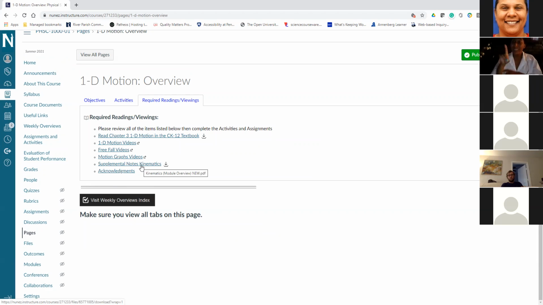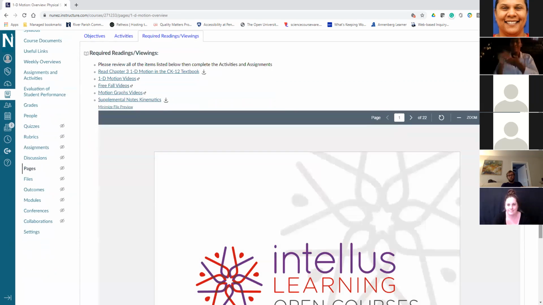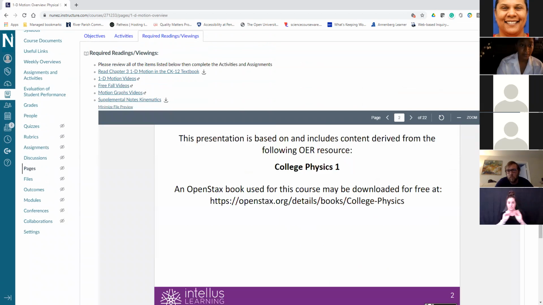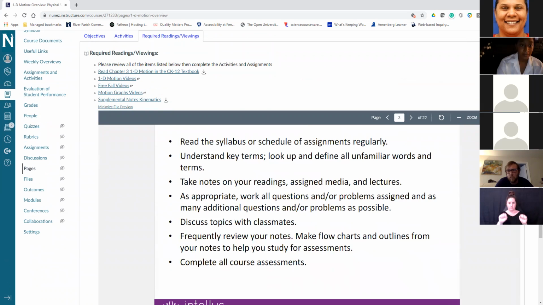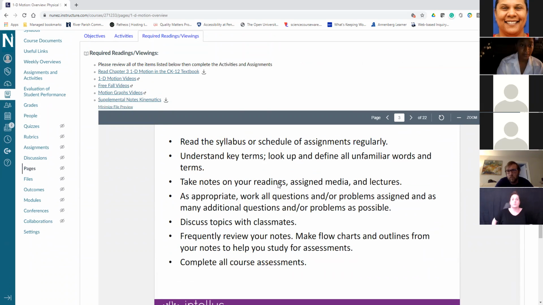But what I want to go into now are my notes, the supplemental kinematics notes. I'll remind you, these are all the kinds of things that you should be doing in your quest to understand this material. You have to do your due diligence.